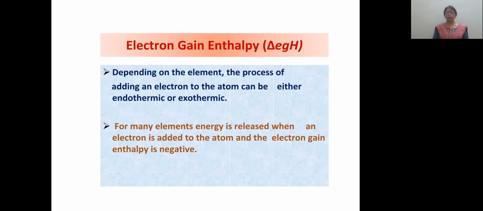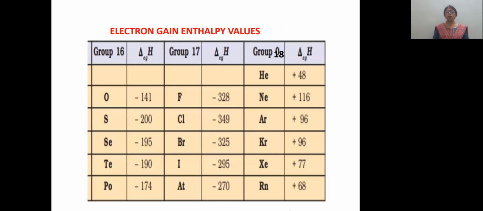Electron gain enthalpy. As discussed in video 1 of this unit, the electron gain enthalpy can either be endothermic or exothermic. For many elements, energy is released when the electron is added. But now let's see what happens in the case of the noble gases. Here on the screen, you can see the electron gain enthalpy values of group 16, 17, and 18.